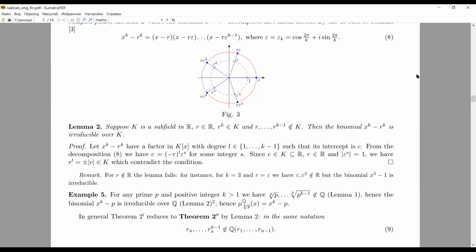Indeed, suppose there is some factor of this polynomial over K with some degree l less than k.